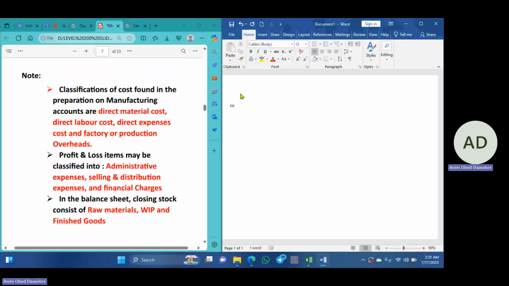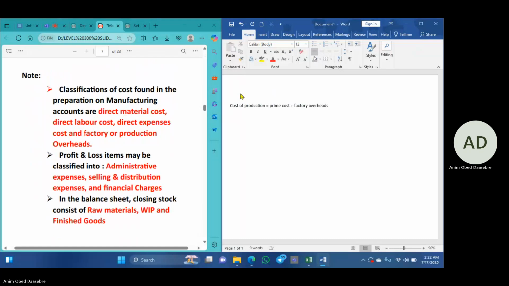So cost of production equals prime cost plus factory overheads. These two costs will give us what we call the cost of production.